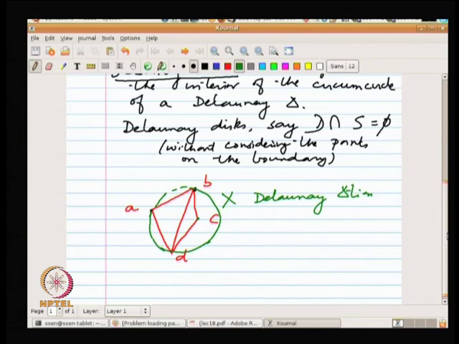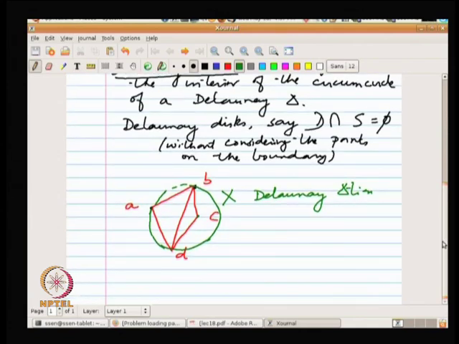But let's at least sketch an intuitive proof of why such a triangulation exists. Now, if you consider these 4 points A, B, C, D, of course the circumcircle of ABD is not a Delaunay disk because it is not empty. But suppose I did not draw this triangle, and decided to draw the other diagonal.